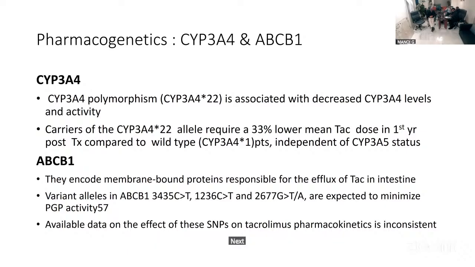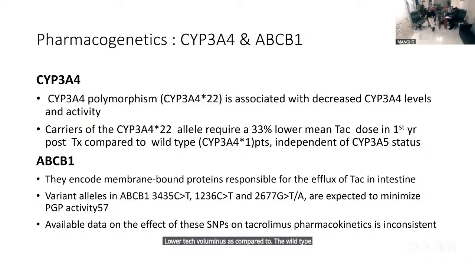Next is CYP3A4. Cyclosporin is predominantly catabolized by CYP3A4, but in tacrolimus, it has a role, though little as compared to the CYP3A5 enzyme. Particularly, if you have CYP3A4 star 22, that means this patient will require lower tacrolimus as compared to the wild type.